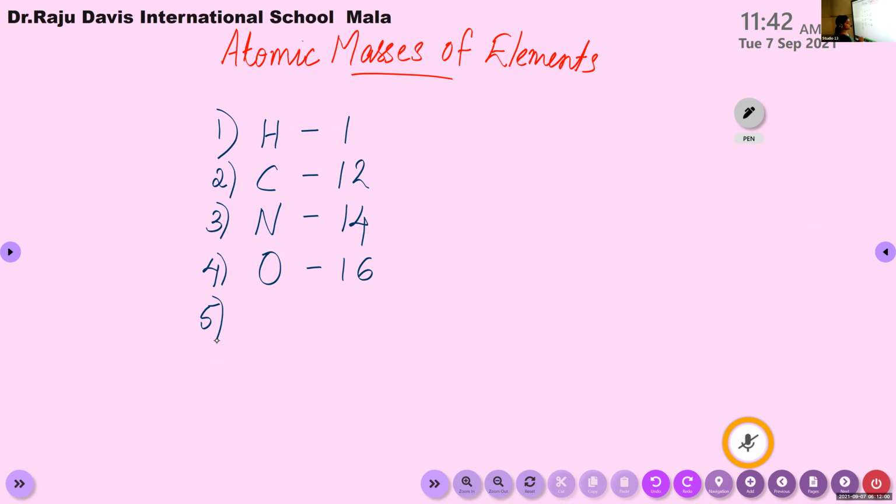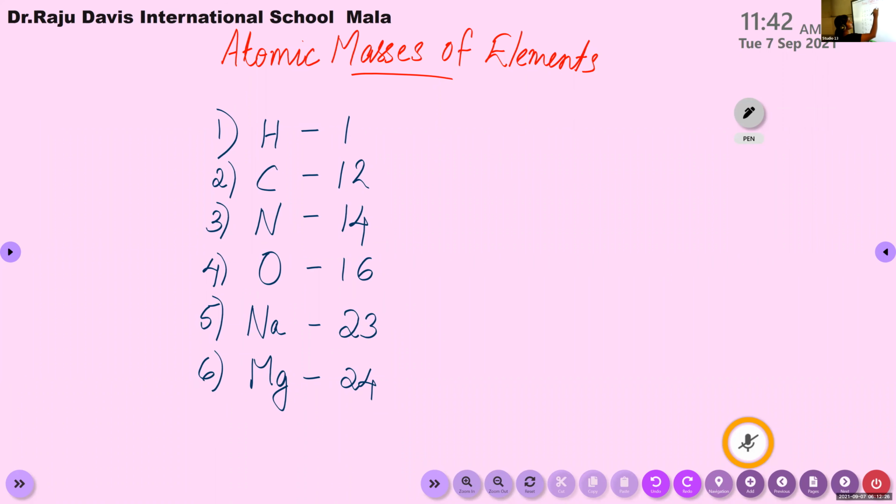The next one is sodium. What about the symbol of sodium? Na. It's from which word? Natrium. Sodium, its atomic mass is 23. The next one is magnesium, Mg. Its atomic mass is 24.